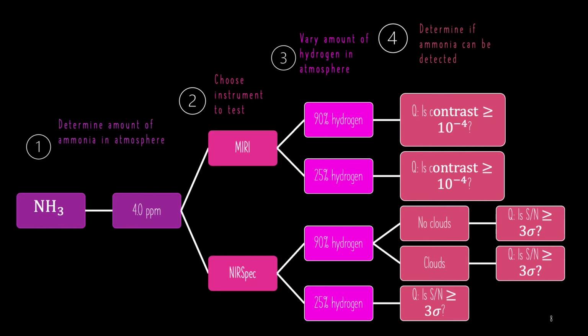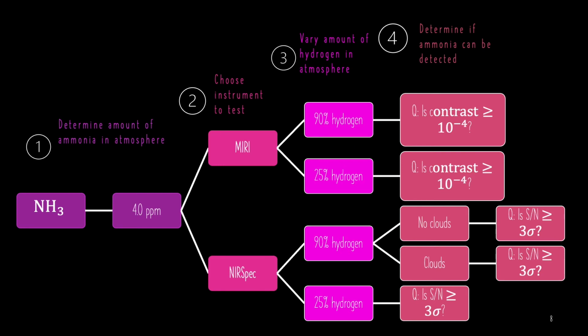There are a lot of ammonia features in the near infrared. There's also a pretty dominant ammonia feature in the mid infrared. And so we utilize different instruments to test whether we can detect these different features. For the beginning at the top here, we use the MIRI instrument, the mid infrared instrument aboard JWST, where there's around a 10 micron ammonia feature that we want to see if we can detect with emission spectroscopy.